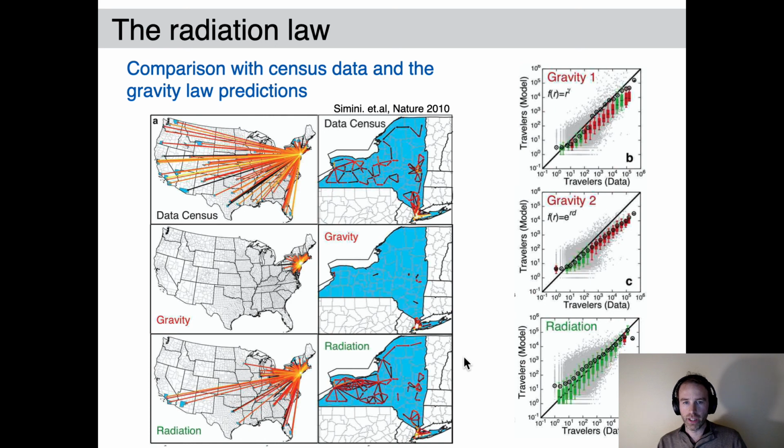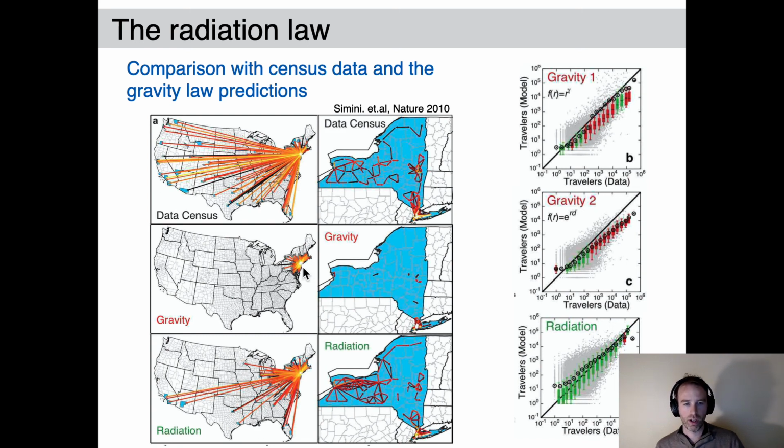So here is an example of a study. In the article that introduced this solution, they show that if you compare with, for instance, a radiation model which has been fit on the data and then the gravity one, the radiation model is actually more similar to the real data than the gravity one.